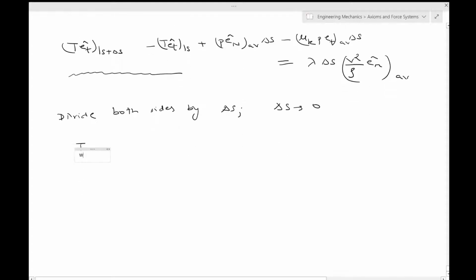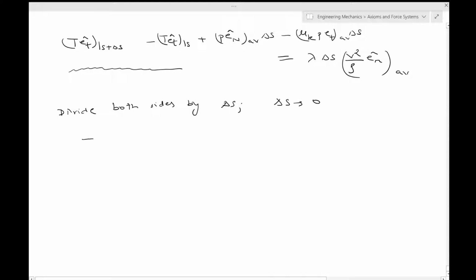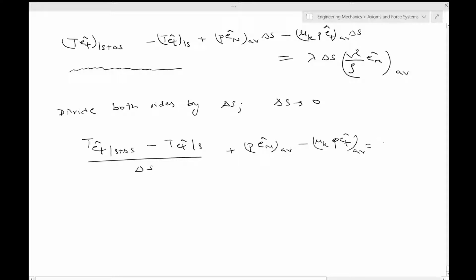We'll have t et hat at s plus delta s minus t et hat at s divided by delta s, plus p e n hat average, minus mu k p e t hat average, is equal to lambda into v square by rho e n hat. And this is average.